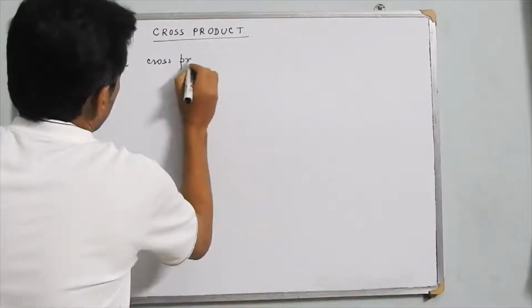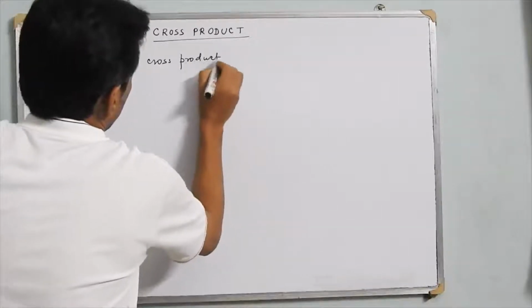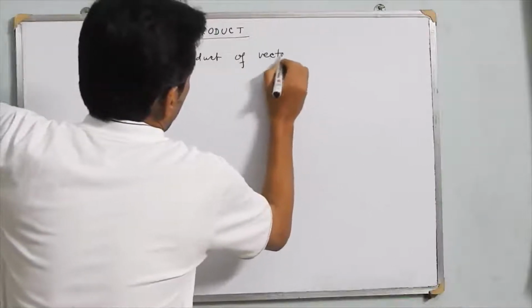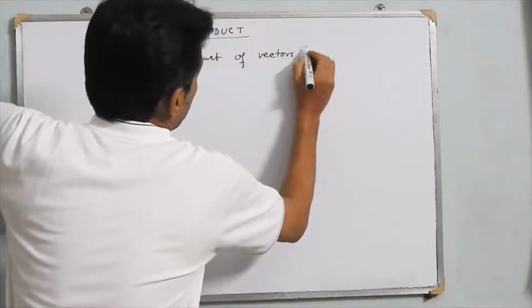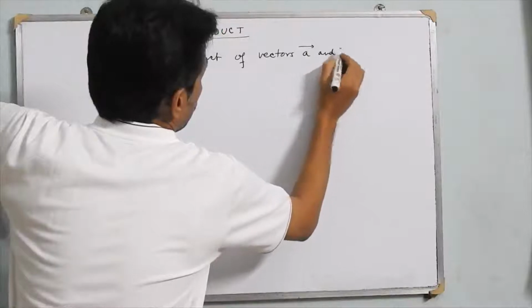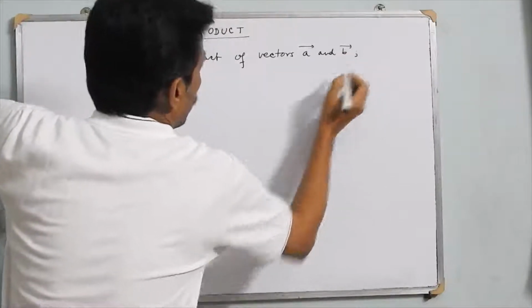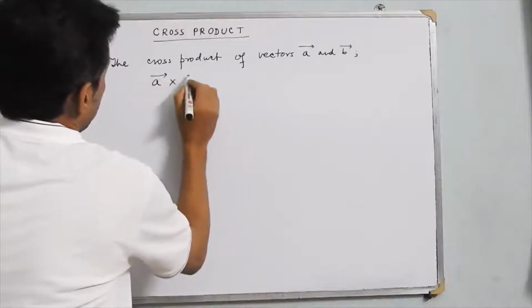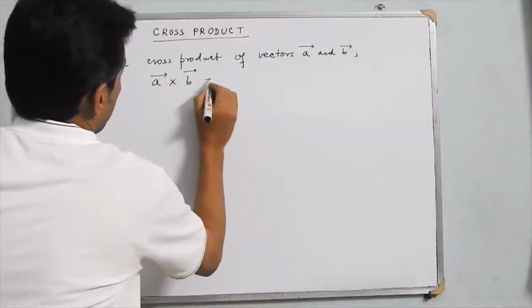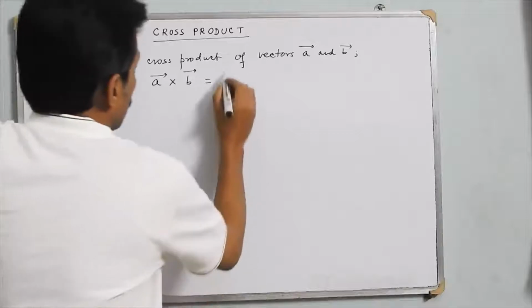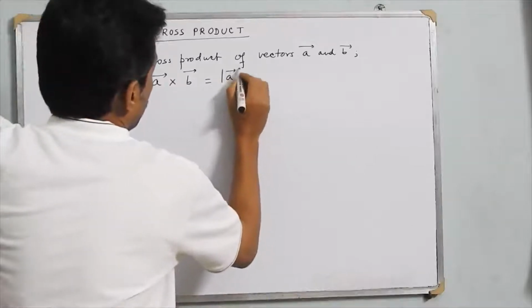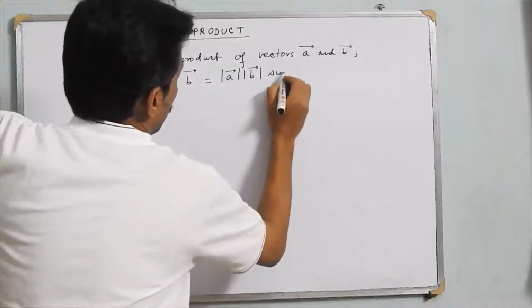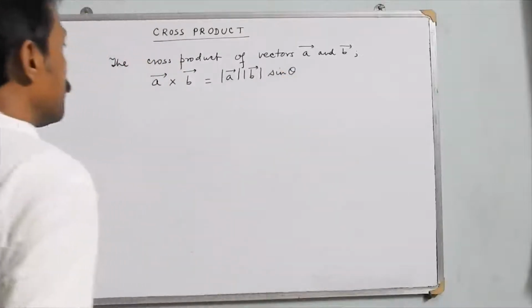So the cross product of vectors A and B will be defined as A cross B, and it is equal to the product of the magnitude of the vectors into the sine of the angle between the vectors.